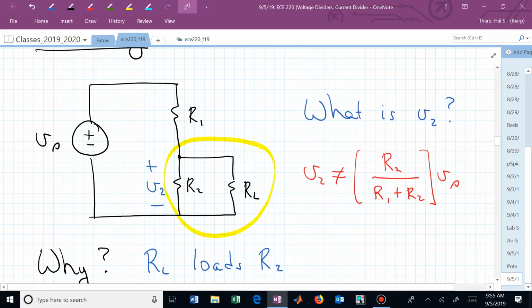Is that your question? What voltage is R sub L seeing? R sub L is in parallel with R sub 2, and by definition of parallel, they have the same voltage, don't they? So R sub L does have the same voltage, V sub 2.